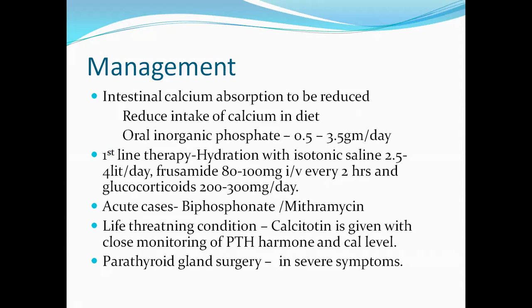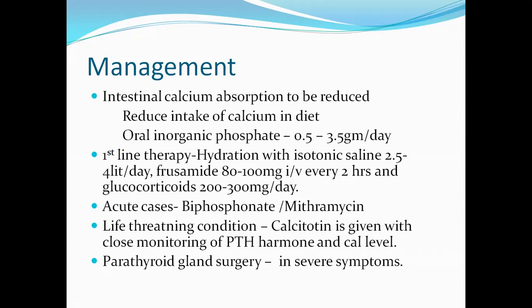Reduced intestinal calcium absorption is treated by reduced calcium intake in diet and oral inorganic phosphate to be given in a dose of 0.5 to 3.5 grams per day. First line therapy is to maintain hydration with isotonic saline, approximately 2.5 to 4 liters per day.